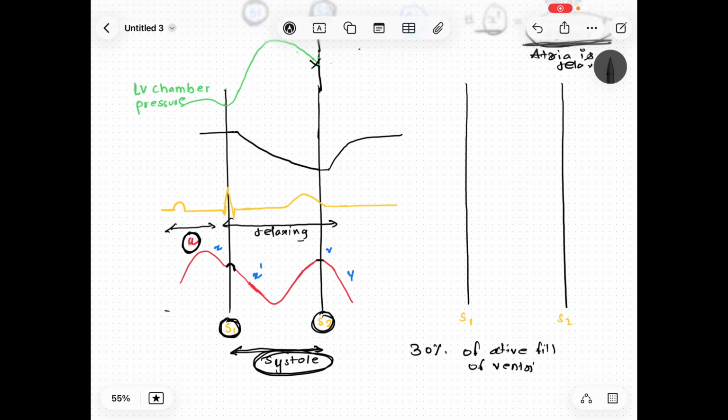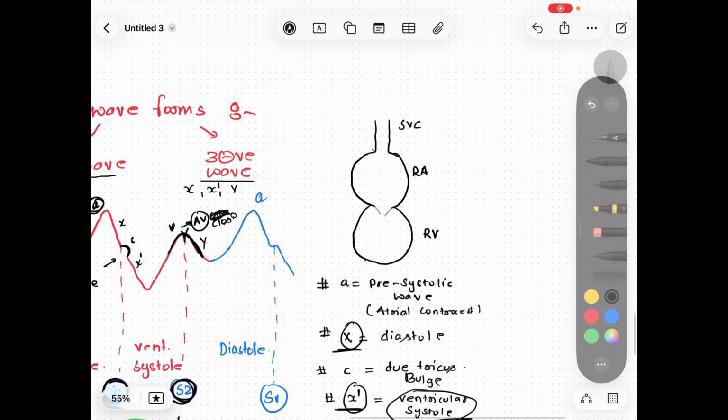Now the X descent. After atrial contraction, the atria relaxes, which forms X descent, and in between there is a tricuspid bulge because the ventricle starts to go into systole. Then the tricuspid valve closes and there is a bulge. We can understand with this diagram. When the RV starts to contract, the pulmonary valve opens.